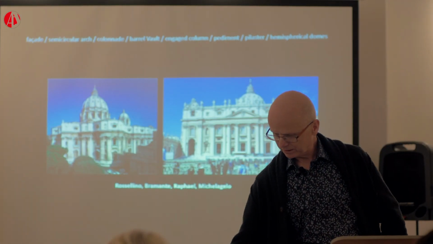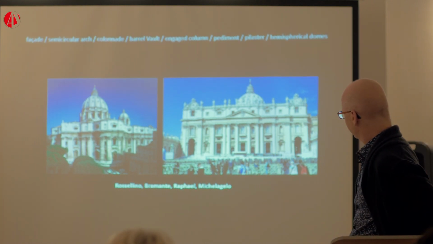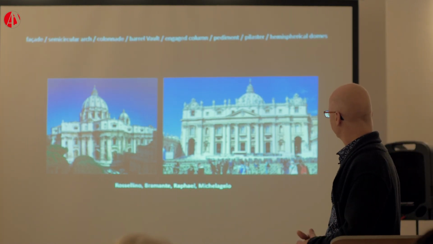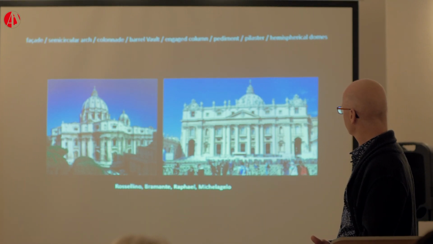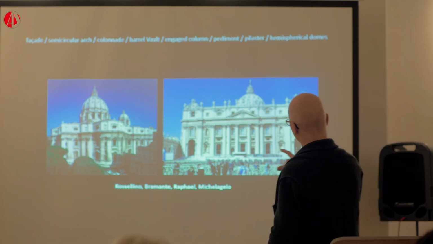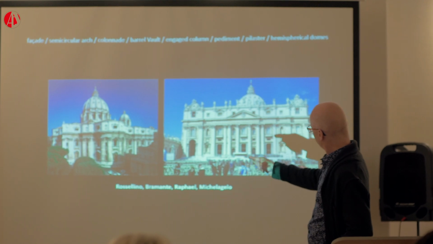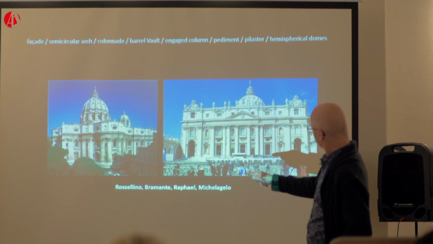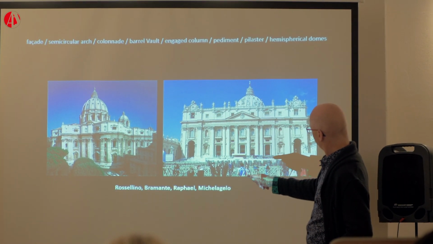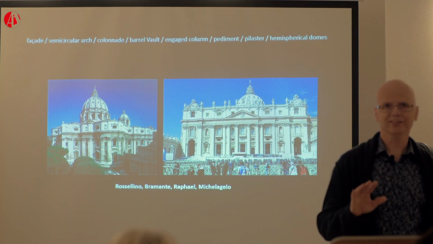And then lastly, you have to mention St. Peter's in Rome, of course, that was the big thing. I think maybe one new thing was the giant columns that Michelangelo developed, because this is not from antiquity.